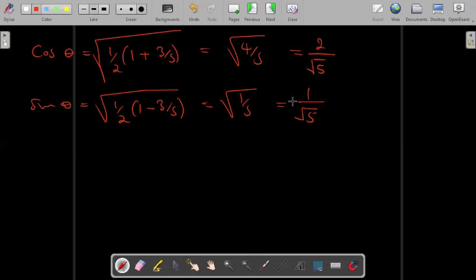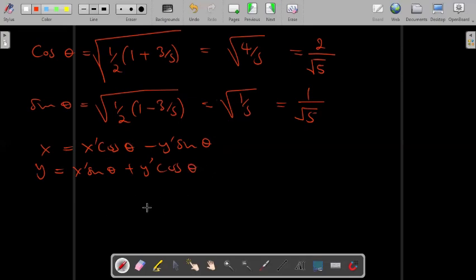So now after getting these two, you want to do your transformation. Remember the formula which we had: x is equal to x prime cos theta minus y prime sine theta. Then y is equal to x prime sine theta plus y prime cos theta.